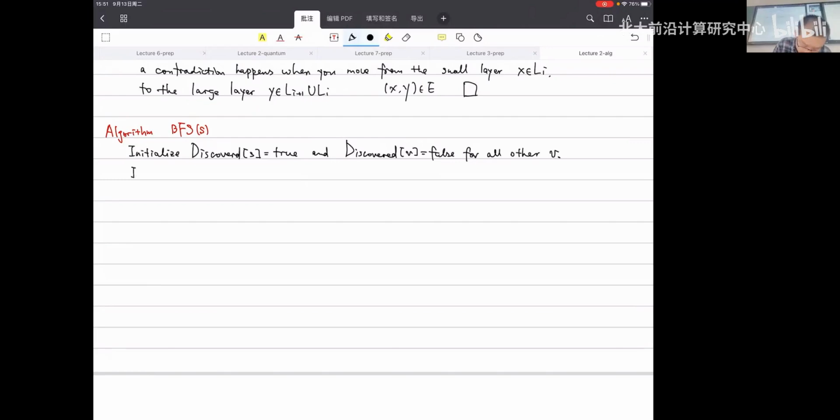As we discussed, we are going to have a 0th layer, so we initialize L0 to be just the vertex S, and a layer counter i equal to 0. Currently we don't have anything yet, so we set the BFS tree to be the empty set. For students not familiar, this is just the empty set notation.